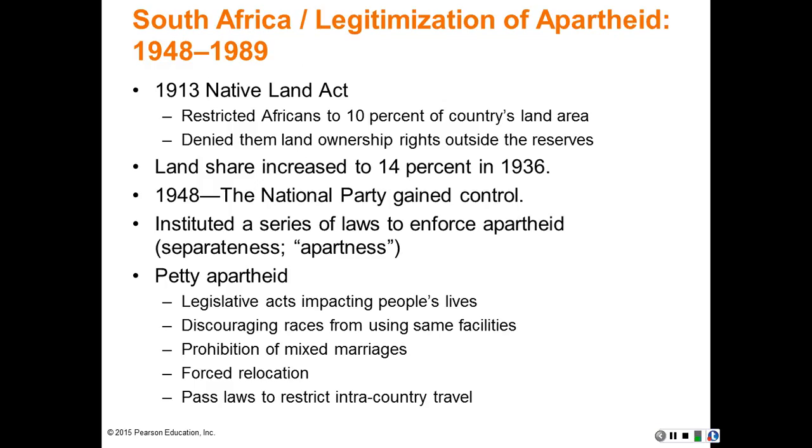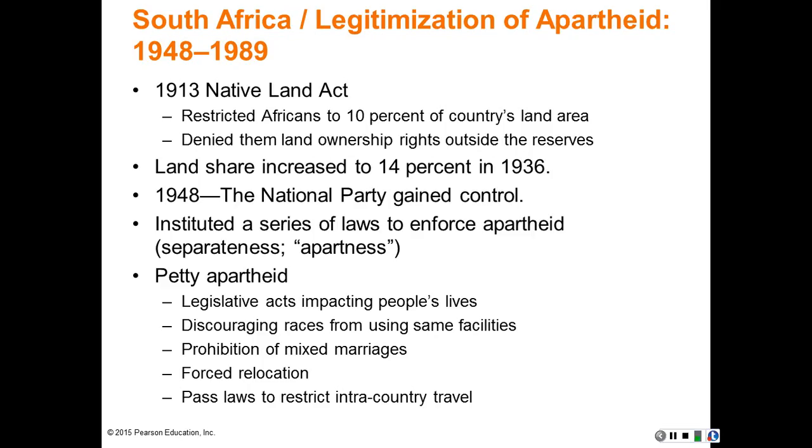Legitimization of apartheid in South Africa, 1948 to 1989. Actually, apartheid began prior to this time. In 1913, the Native Land Act provided for the restriction of Africans to 10% of the country's land area, and much of this land area was the least productive land.